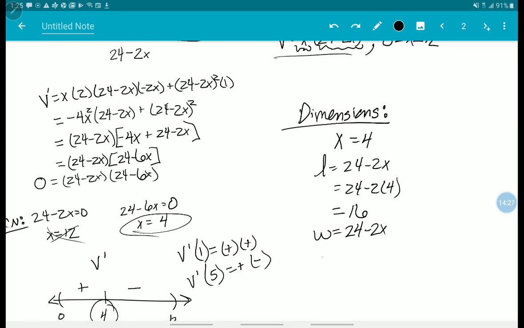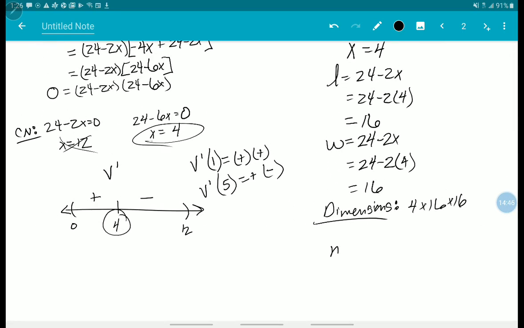Remember, we were creating our box from a square to begin with. So the dimensions are 4 by 16 by 16. And if we multiply that together, we will get the maximum volume that can be created from this piece of cardboard, which is 1024 inches squared.